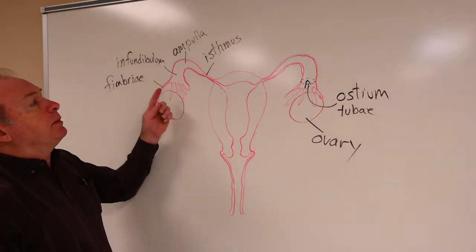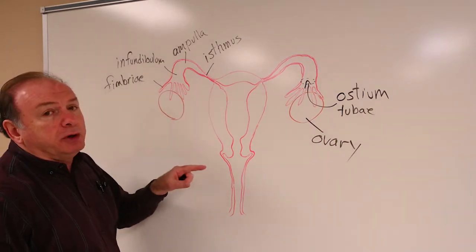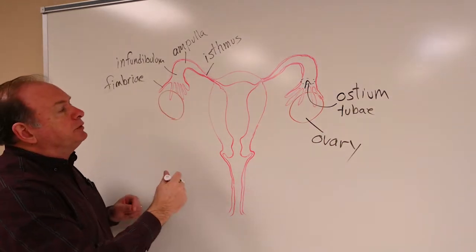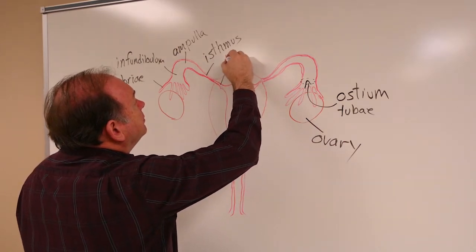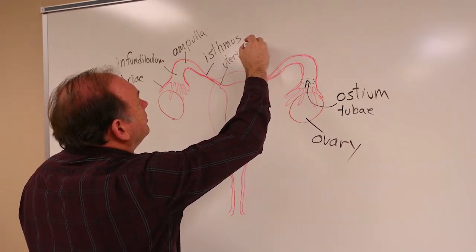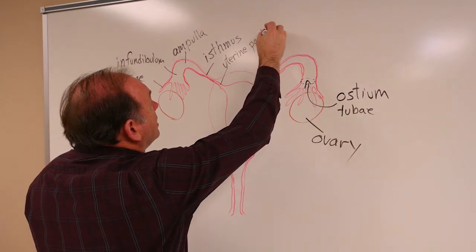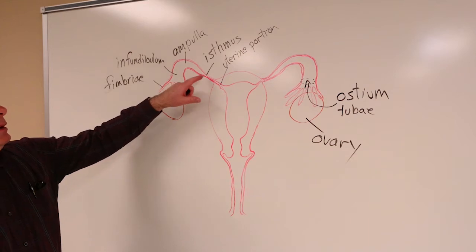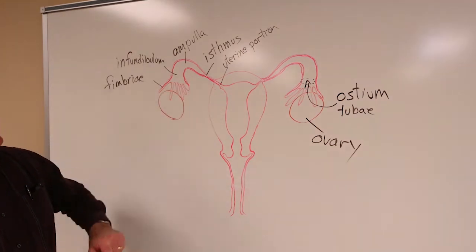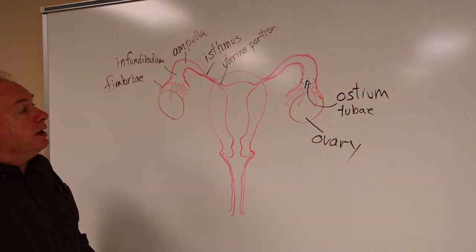And then the last segment of the oviduct passes through the uterine wall, passes through the muscle right there, and that's simply called the uterine portion of the oviduct. So we have an infundibulum, ampulla, isthmus, and then the uterine portion of the oviduct leading in here.